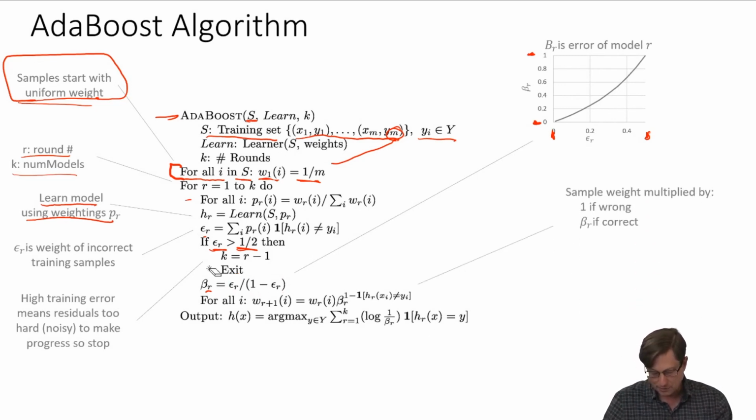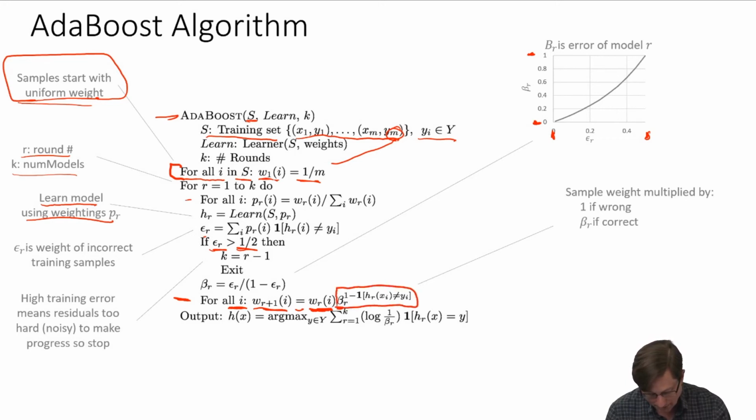The next step to do is you have to reweight the samples. So this is the line here that takes all the errors that model made and updates the weights of the samples so that the next learner will focus on the things it's supposed to focus on, the things that you had trouble getting right at this round. And the way you do that is for all samples, the weight of that sample in the future round is equal to the weight of that sample in the current round times beta to the power of something.